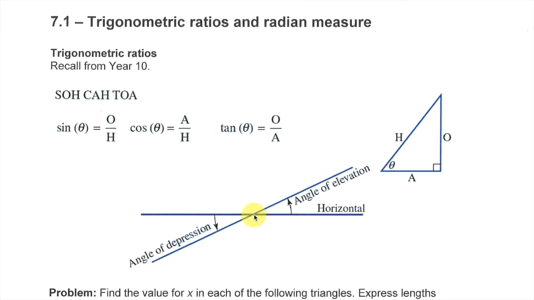If we turn around and look up into the sky to see an aeroplane, then from the horizontal, we lift our eyes up an angle of elevation to see the aeroplane. So angle of elevation and then angle of depression.